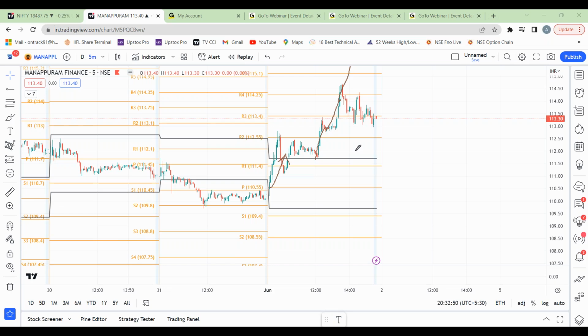Stock can keep moving unlimited. If you are looking for a buy trade, once the stock breaks the previous day high levels, it can keep moving up and up. It can give big breakouts. These are the moves which will give you huge profits in options buying, what I'm saying.